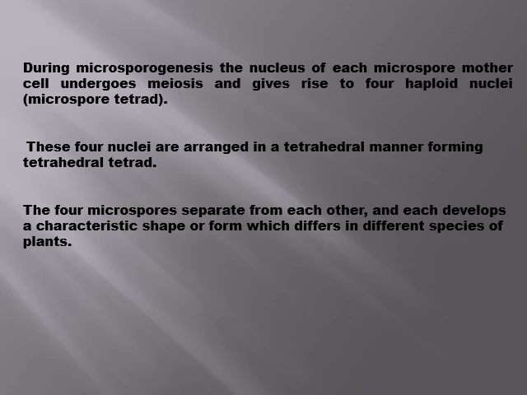These four nuclei are arranged in a tetrahedral manner, forming tetrahedral tetrads. So tetrad formation takes place. The four microspores separate from each other and each develops a characteristic shape or form which differs in different species of plants. So the pollen grains have different shapes in different species of plants.